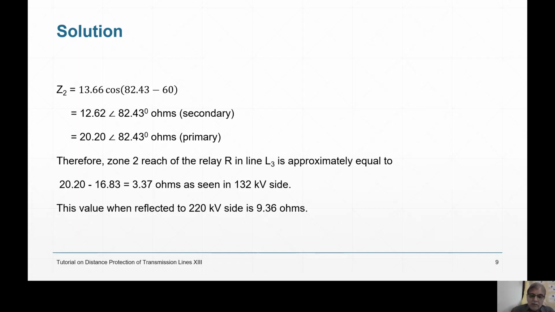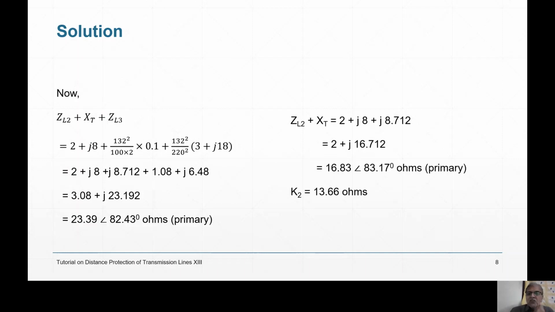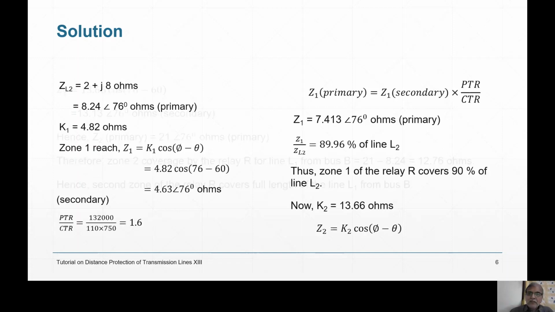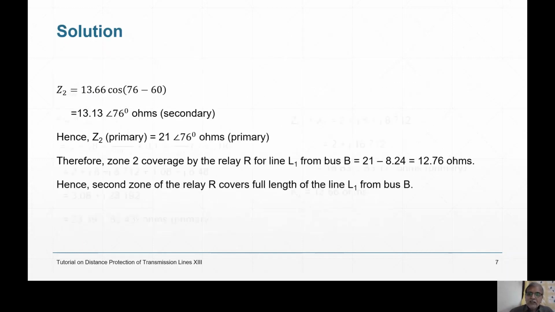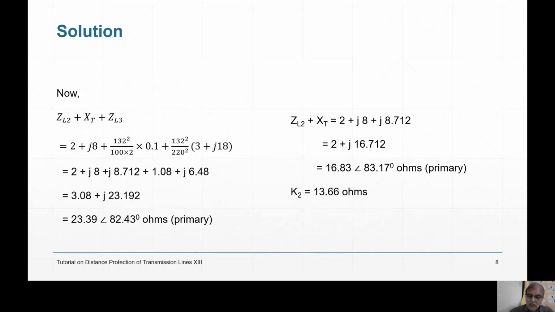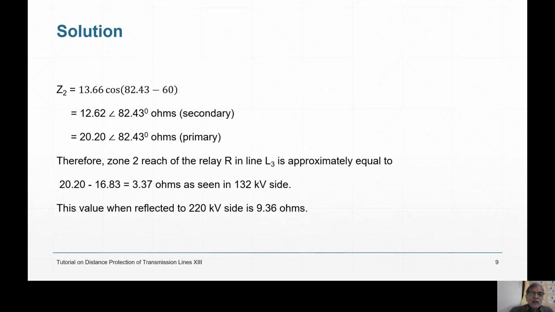So 20.20 minus 16.83. Where is 16.83 coming from? ZL2 plus XT, which I am removing, so the remnant is for the 220 kV line. If I remove 16.83 from 20.20, I get 3.37 ohms as seen on the 132 kV side.